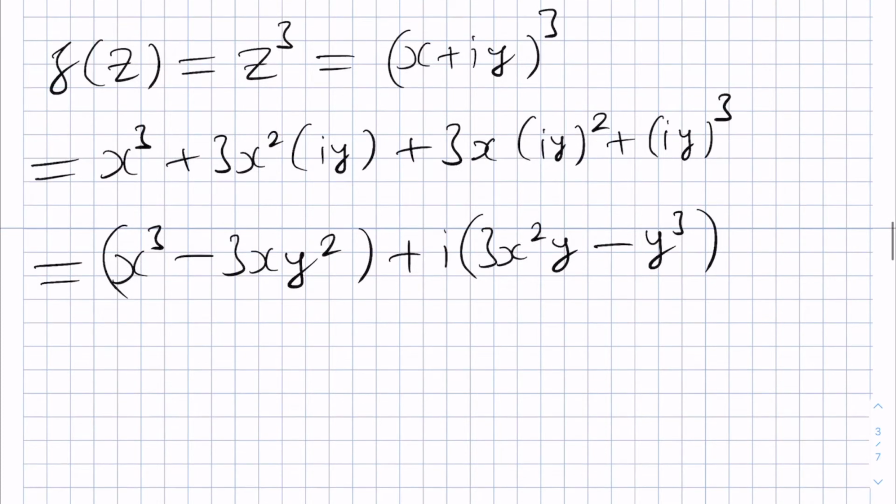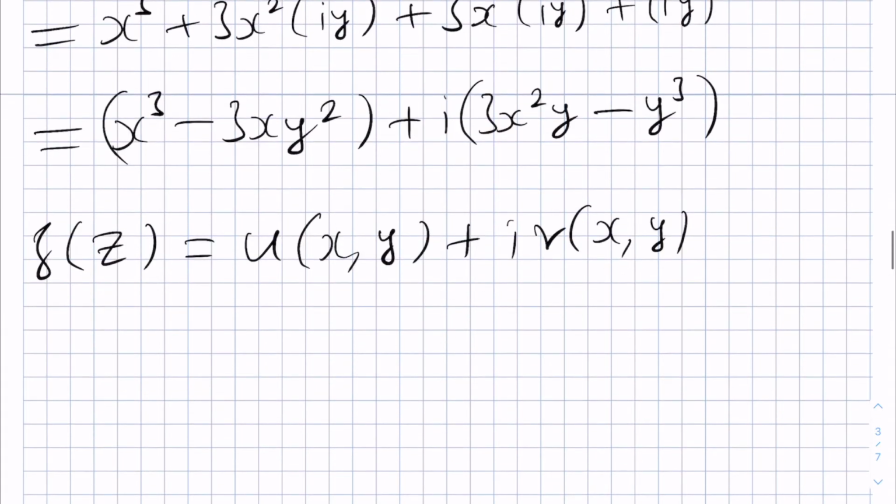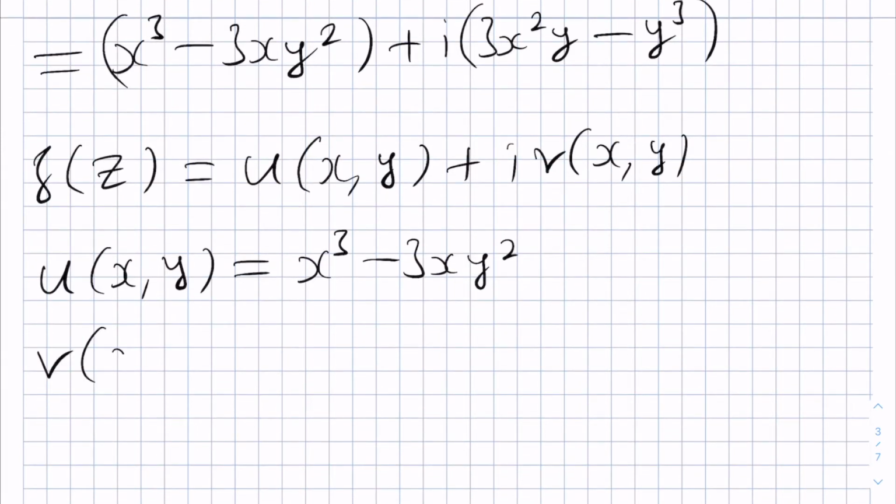So if we write f of z as being u of xy, the real part, plus i v of xy, the imaginary part, then we identify u of xy as being x cubed minus 3xy squared, and v of xy as being 3x squared y minus y cubed.